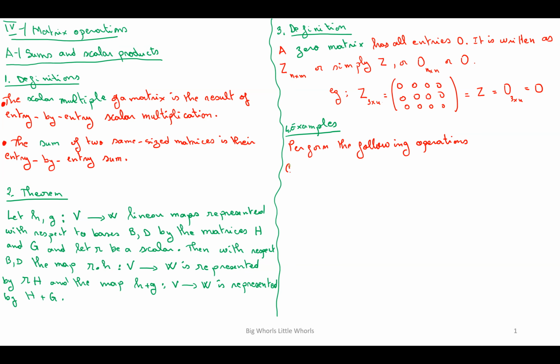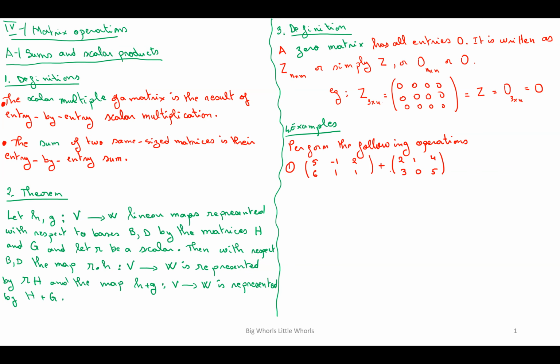Number 1, we are given 2 matrices, 5, minus 1, 2, 6, 1, 1, plus 2, 1, 4, 3, 0, 5. Before we perform the operation, let's check if this operation is defined.